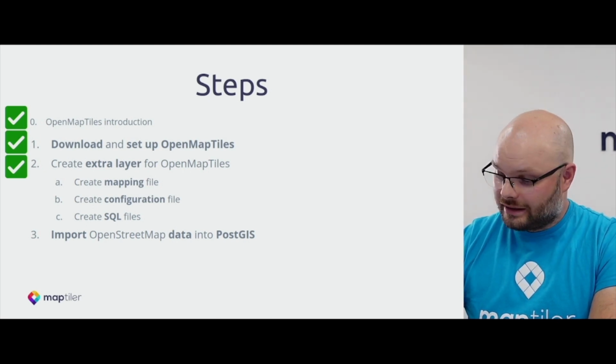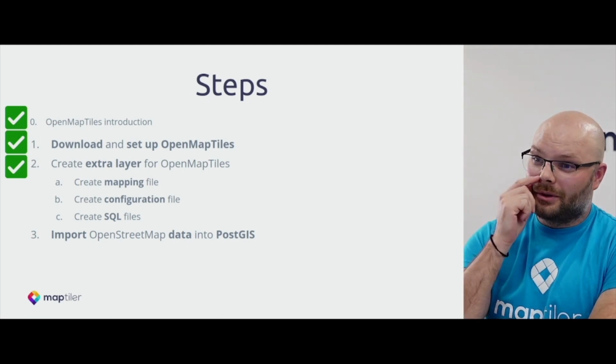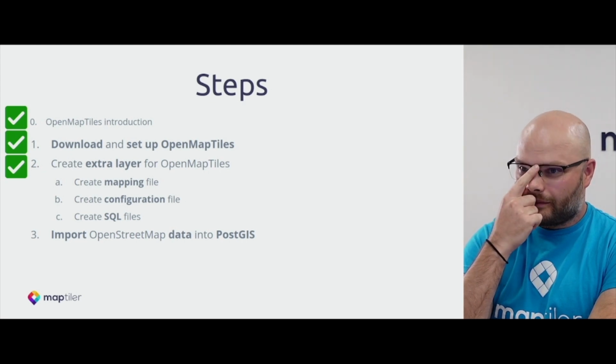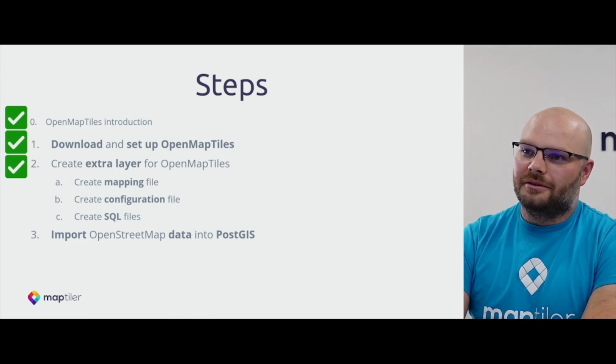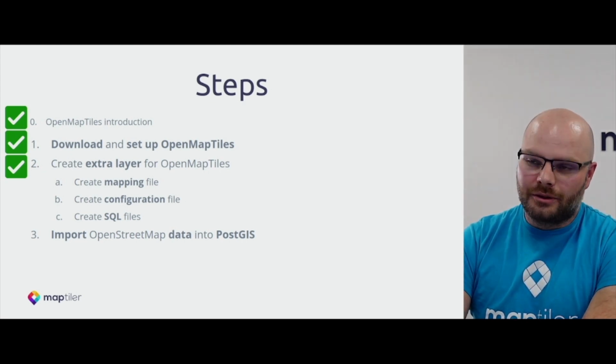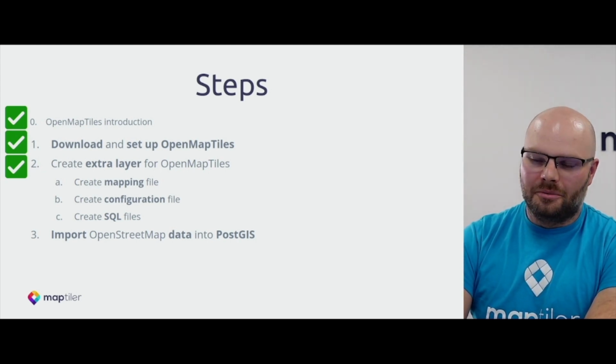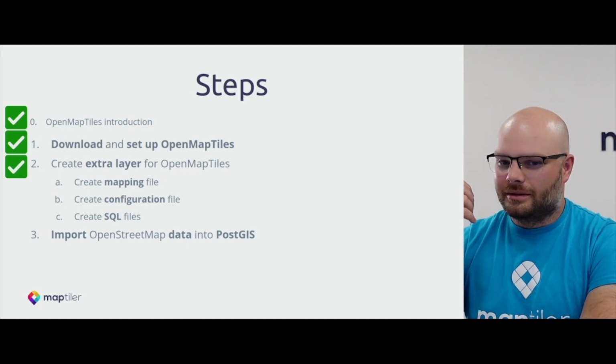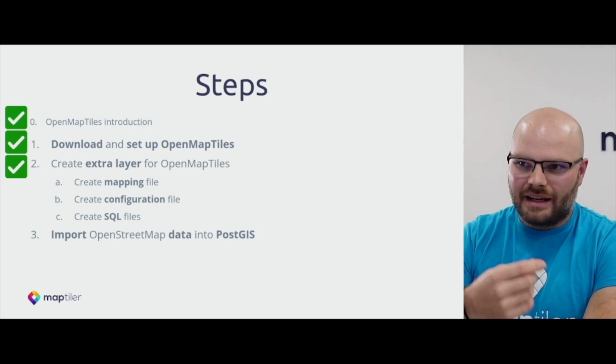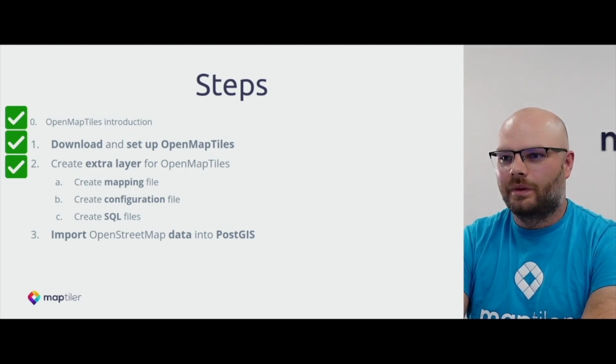But I hope that everyone is finished, or at least copied the files from the repository. But I hope that my talk will help with understanding what the files do.